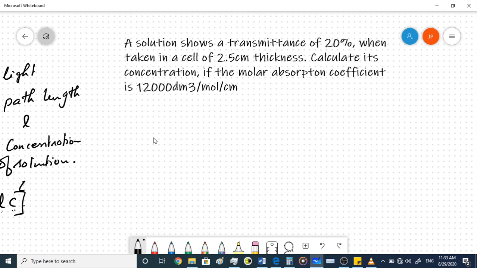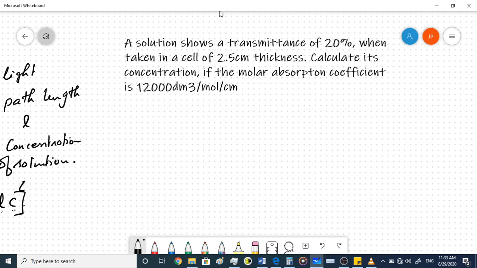A solution shows a transmittance of 20% when taken in a cell of 2.5 centimeter thickness. Calculate its concentration if the molar absorption coefficient is 1200 dm cube per mole per centimeter. It is given that the solution shows a transmittance of 20%.